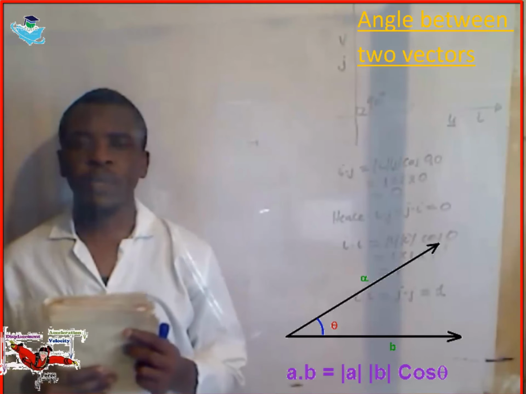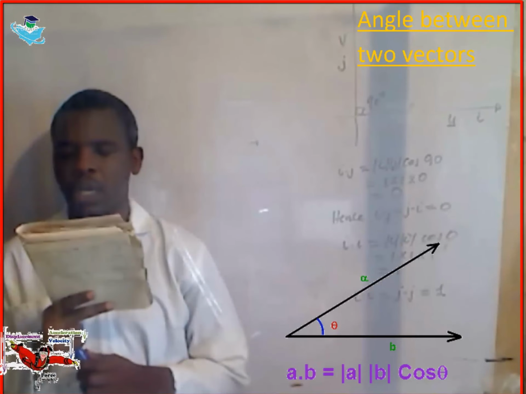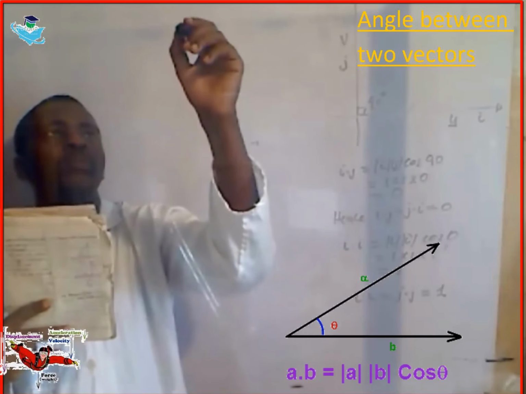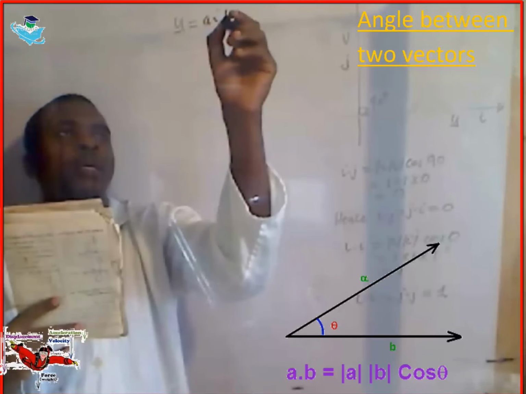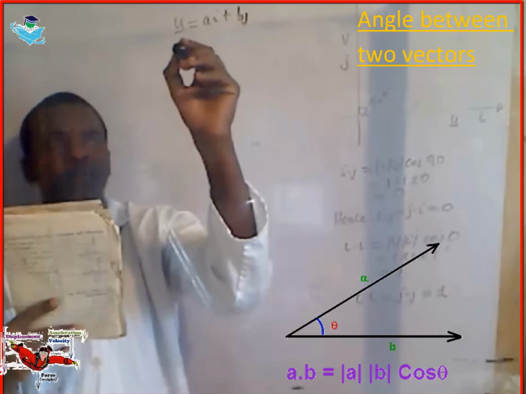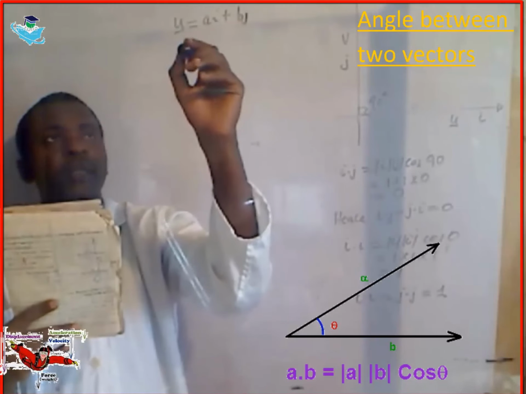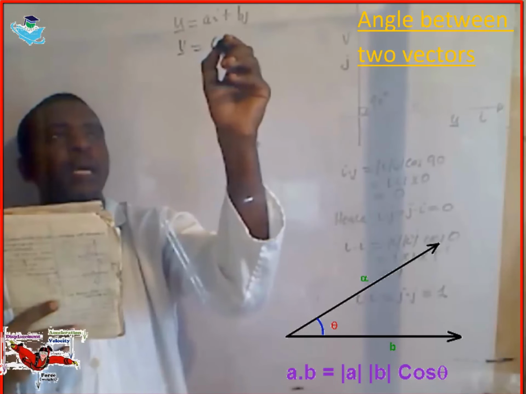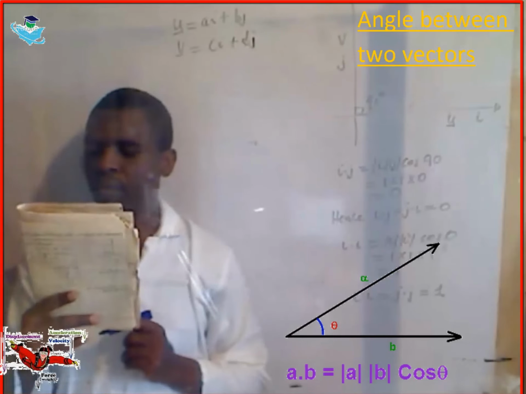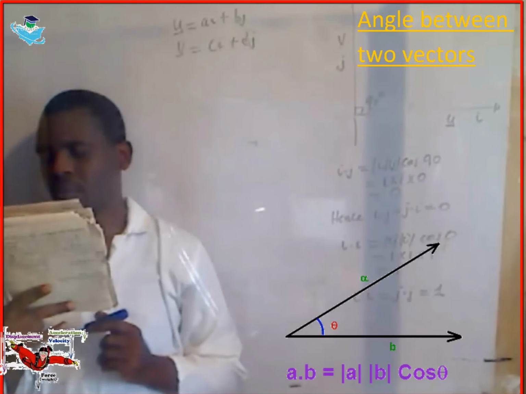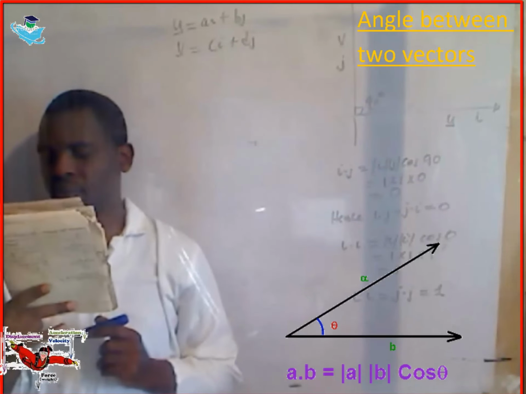The angle between two vectors. If the vector u has components ai plus bj and the vector v has components ci plus dj, find u dot v.